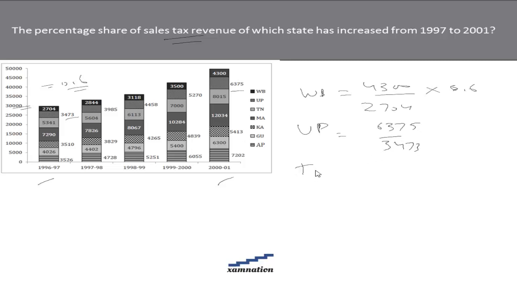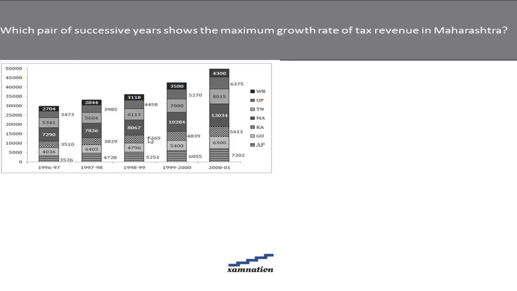Then we have TN, which has 8015, here it is 5341, right? So when you figure out all the percentage changes, you will find that the maximum percentage change will be for Andhra, which is like doubling from its previous year.